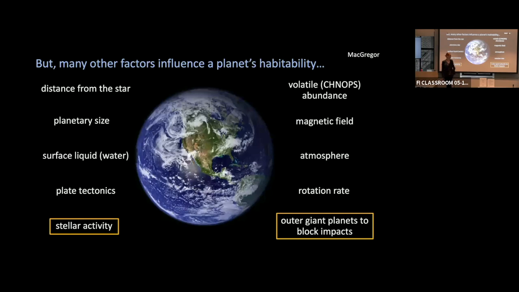One place that comes up is in stellar activity. The way we think that life originated on Earth involves UV radiation to actually get abiogenesis. So to have life originate on Earth, you actually need UV light.